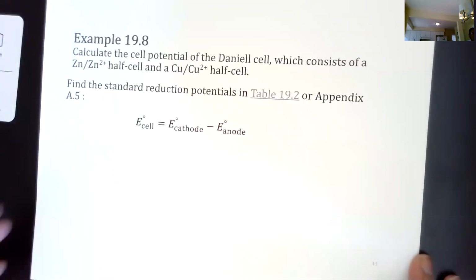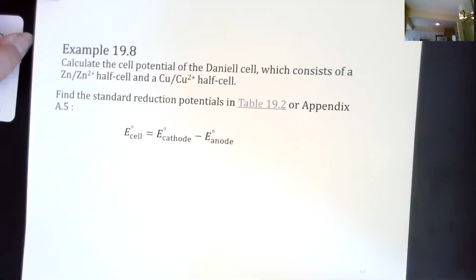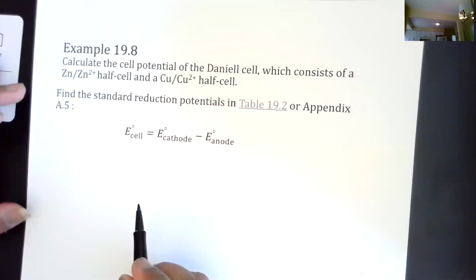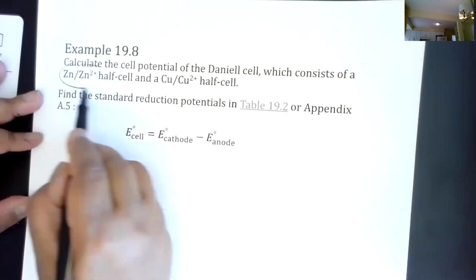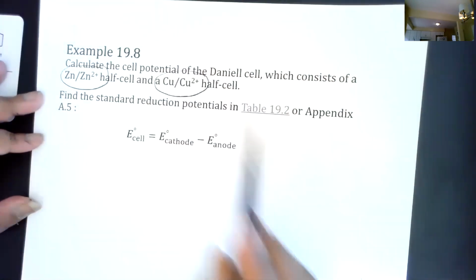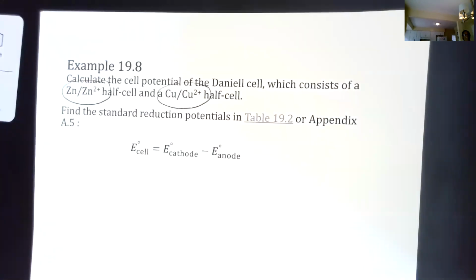So we have this cell, and the question is, you have these two half cells. In the lab, that's what you would have done. And I would say, construct a cell.